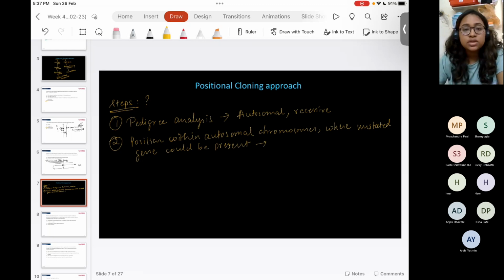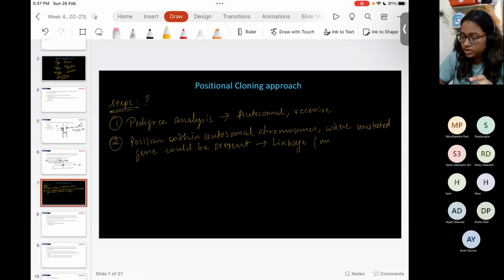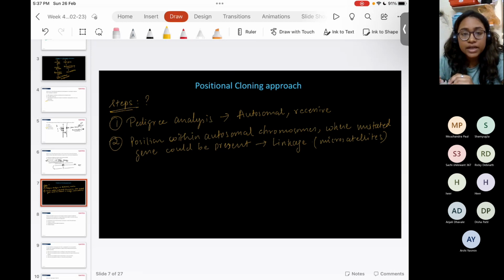You will use linkage, the concept of linkage. So you know what linked genes are, right? Two genes which are present at two different loci and inherit together. Similarly, linkage here refers to analyzing markers. Here, people use microsatellite markers which are very tightly linked with the defective gene.